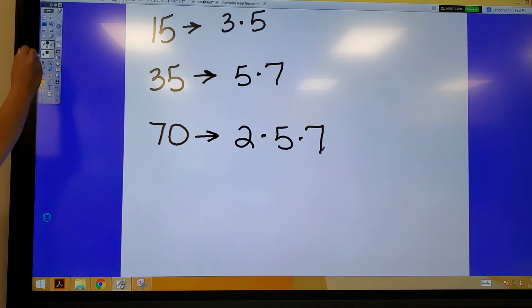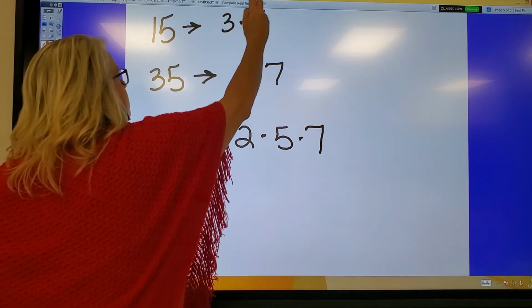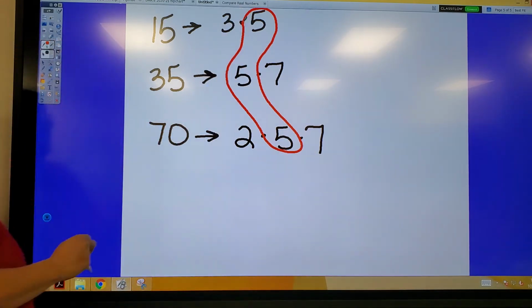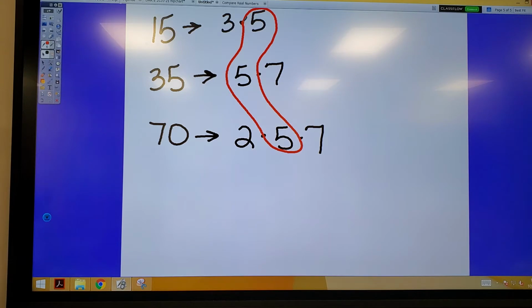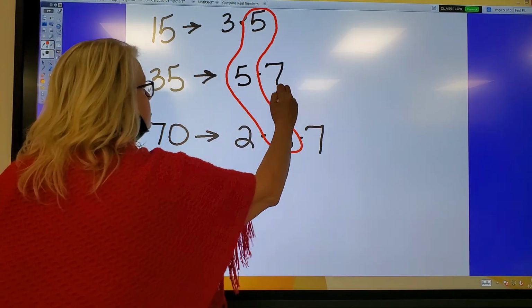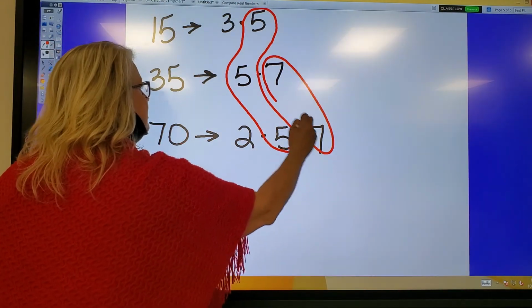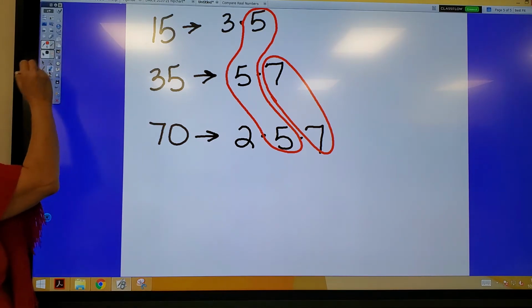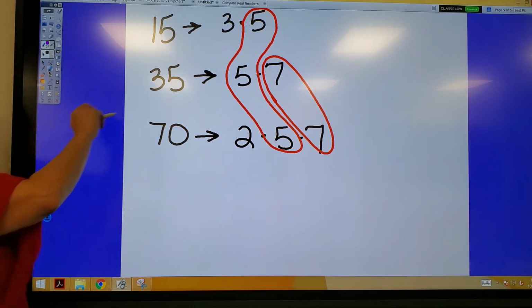All right, what is something that all of them have in common? 5. They all have a 5. Okay, now, do you notice that only 2 of them have a 7? Okay, we're still going to circle them. So even if all 3 of the numbers don't have it in common, as long as at least 2 of them have it in common, we're going to circle it. That's something a little bit different.